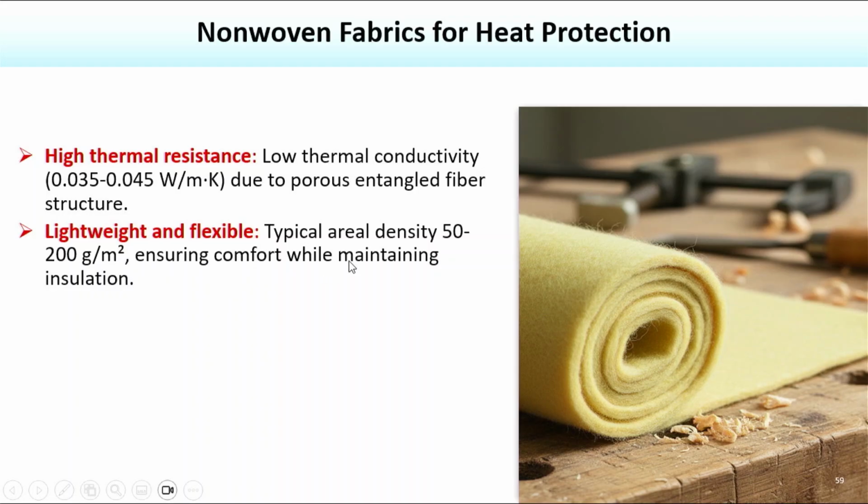It is lightweight due to very low density and highly porous, and a typical areal density of 50 to 200 grams per square meter can be used in fire protective clothing. Due to its open structure it ensures comfort while maintaining insulation.